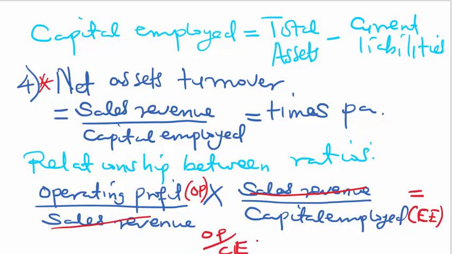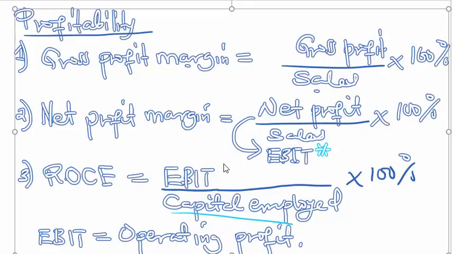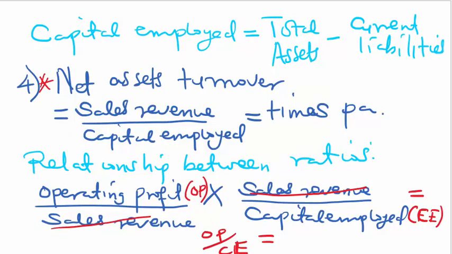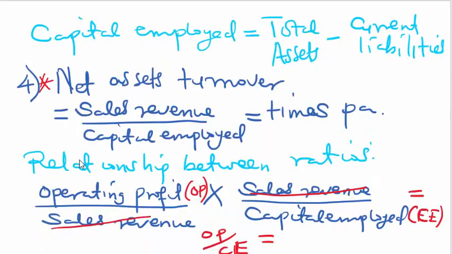Do you know which ratio this one is? Let's go back where we're coming from. Operating profit is just earnings before interest and taxes over capital employed. So basically what we've calculated there is return on capital employed.